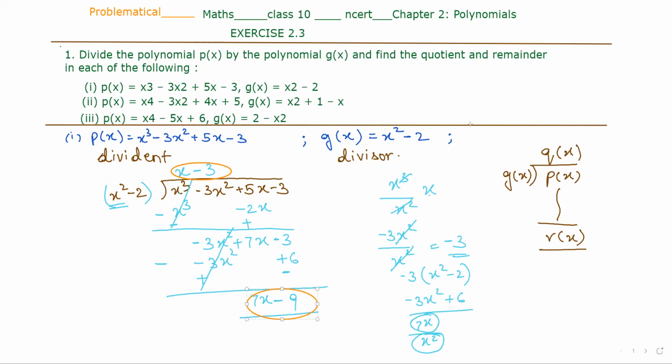These are your required values. You were asked to calculate the quotient and remainder. So quotient q of x is equal to x minus 3, and r of x, remainder, is equal to 7x minus 9. You have to follow the same procedure for the next two questions.